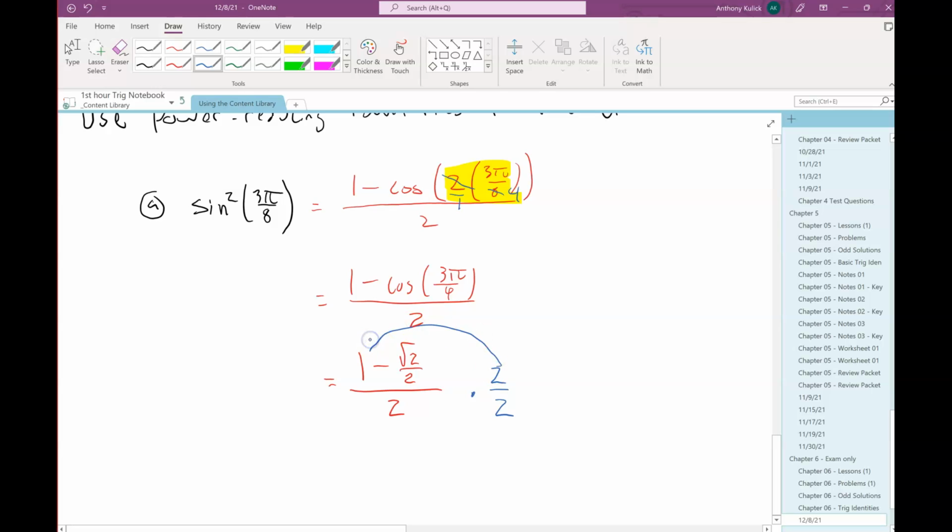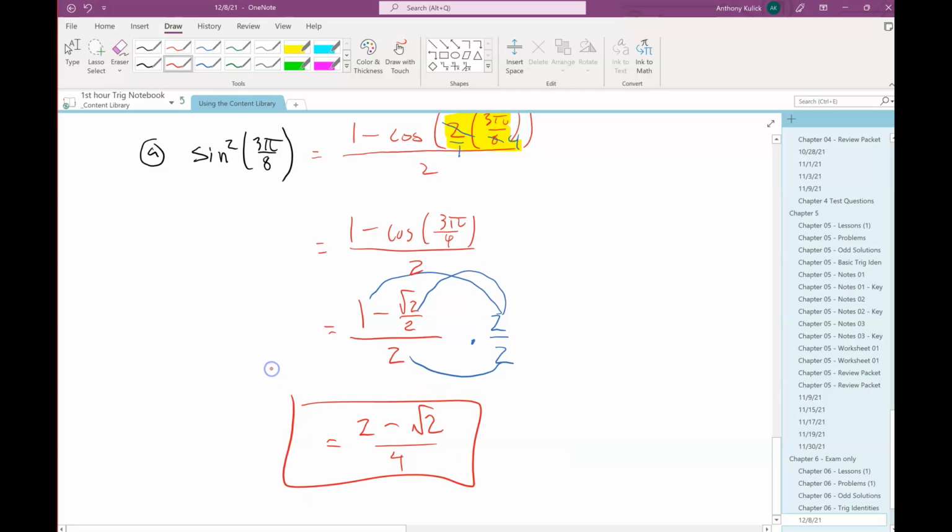So when I multiply the 2 to the 1, I just get 2. When I multiply the 2 to the root 2 over 2, the 2 in the denominator cancels with the 2 that I'm multiplying in and leaves me with just the square root. And then I multiply the 2 to the denominator and I end up with 4. That's it.